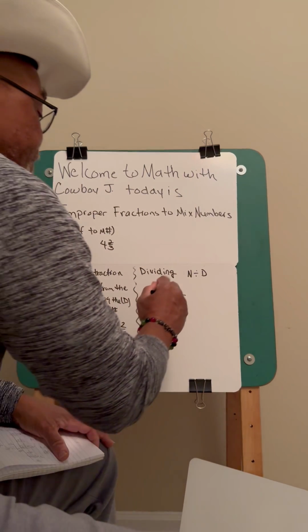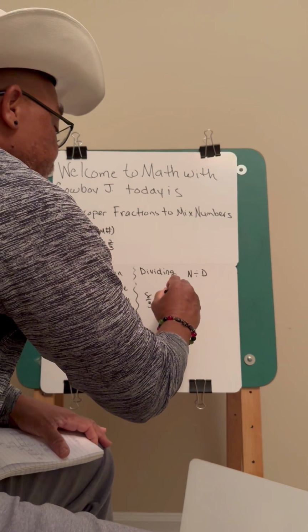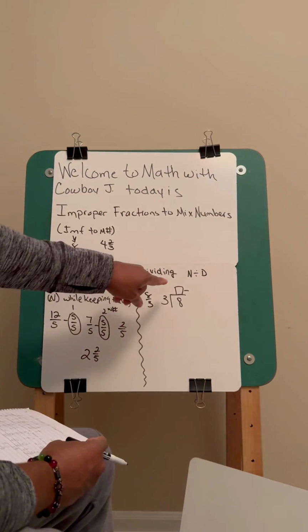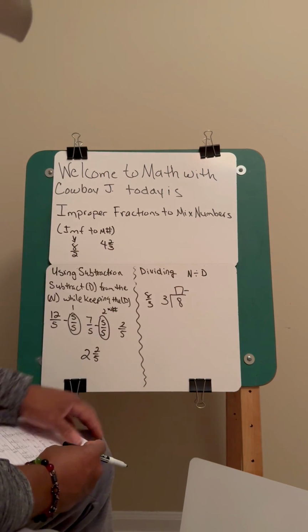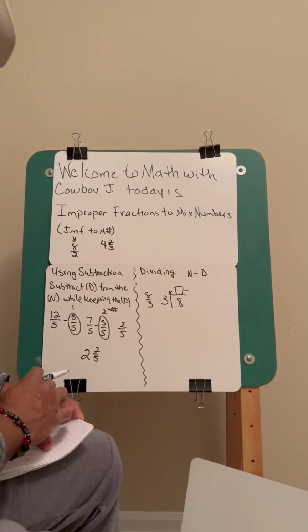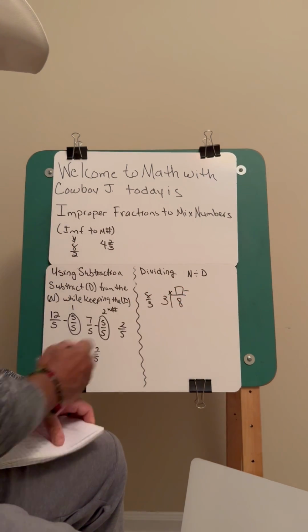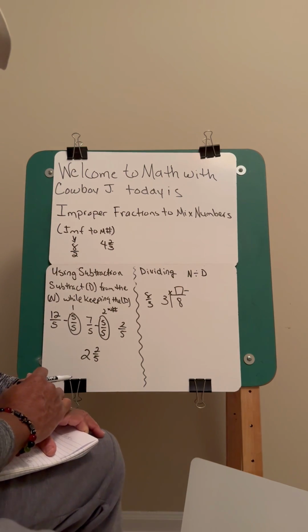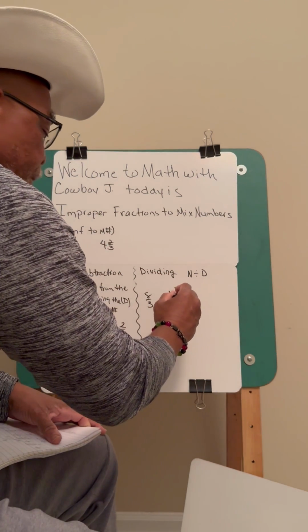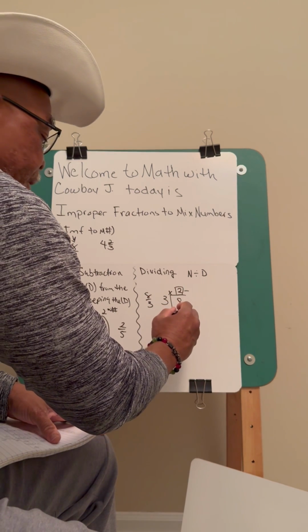I'm going to put a box and a bar, which means I'm going to get a whole number and a fraction. I'm going to use my multiplication. Blank times 3 will give me 8 or closest to 8 without going past it. The answer here is 2. 2 times 3 is 6.